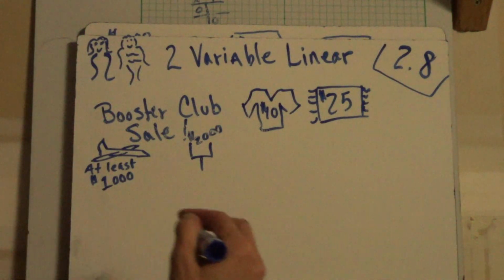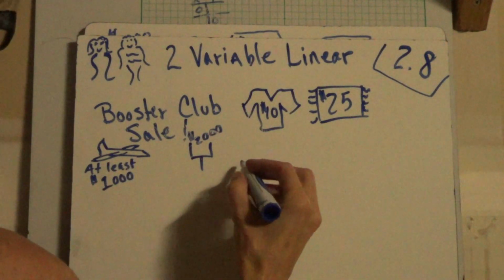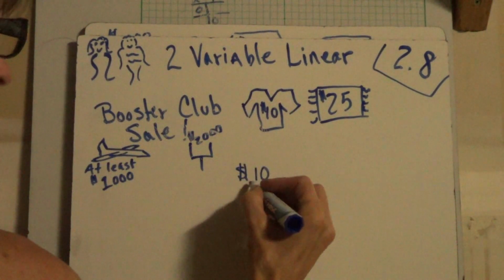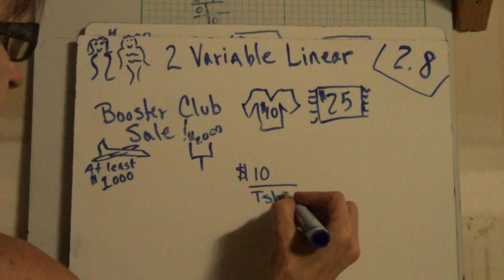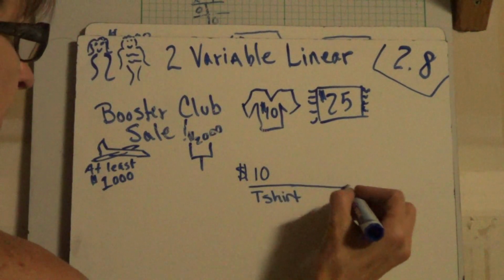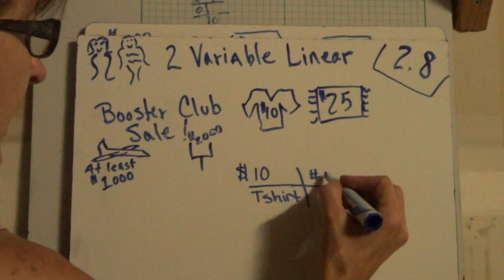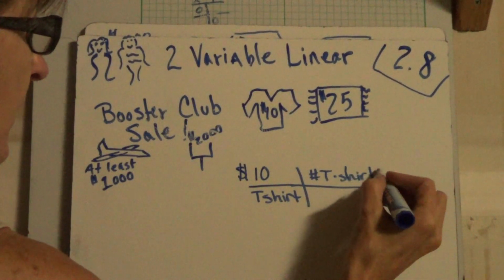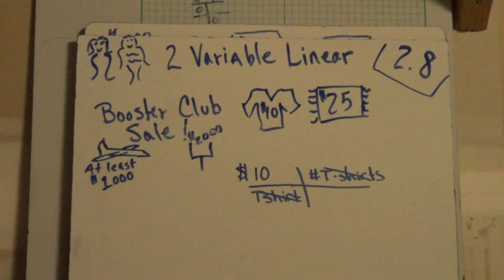So we would think to ourselves, well, if we go back to unit analysis, we have $10 per t-shirt. So if we multiply that by the number of t-shirts that we sell, then we can see we would come out with the dollars that we raise from t-shirts.